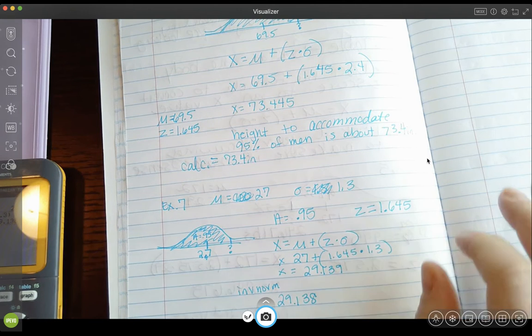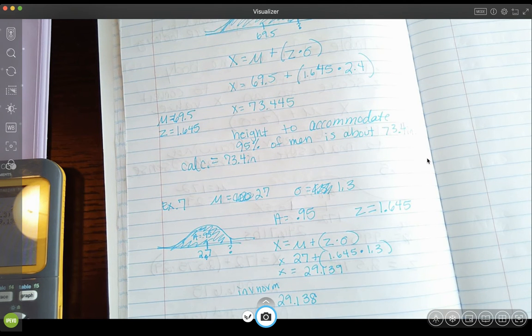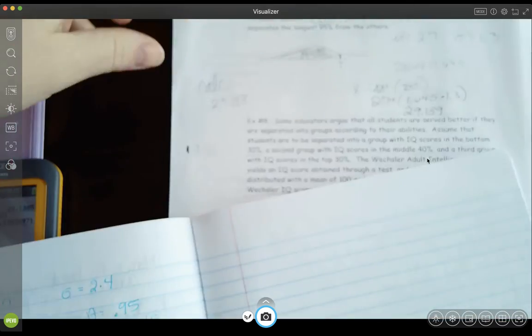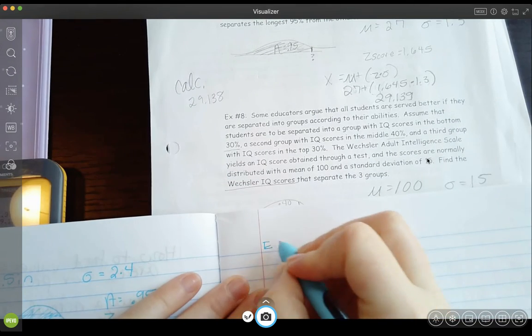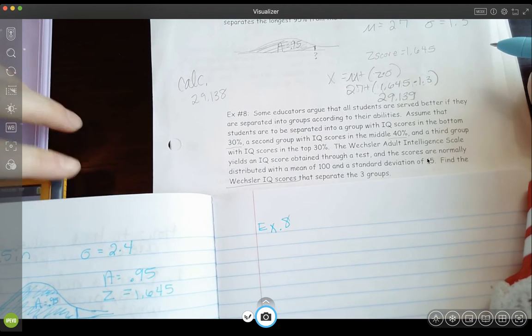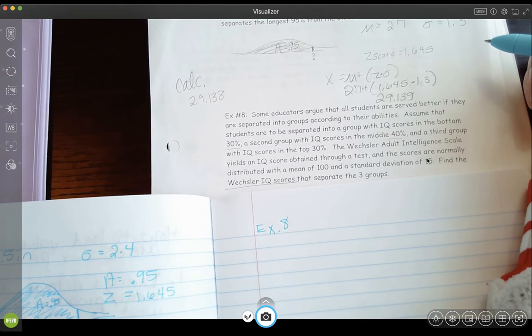Okay, let's do our last example for this. And then the rest of it is just how to use the calculator, but we've been doing the calculator all along. So the last example is example 8. Some educators argue that all students are served better if they are separated into groups according to their abilities.